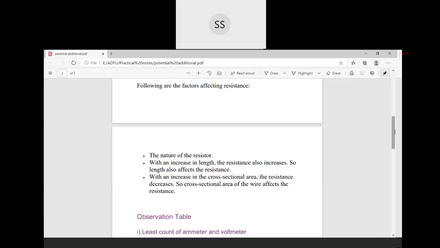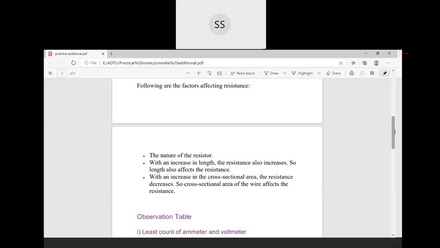Next, with an increase in length, the resistance also increases, so length also affects resistance. With the increase of cross-sectional area, the resistance decreases. When the cross-sectional area is wider, the charges have more area to pass through.